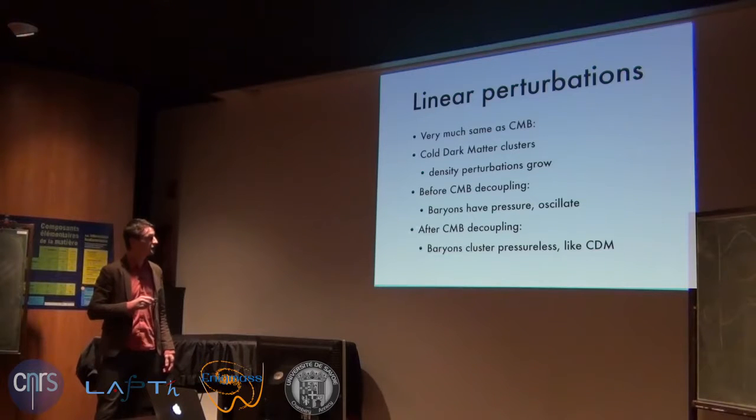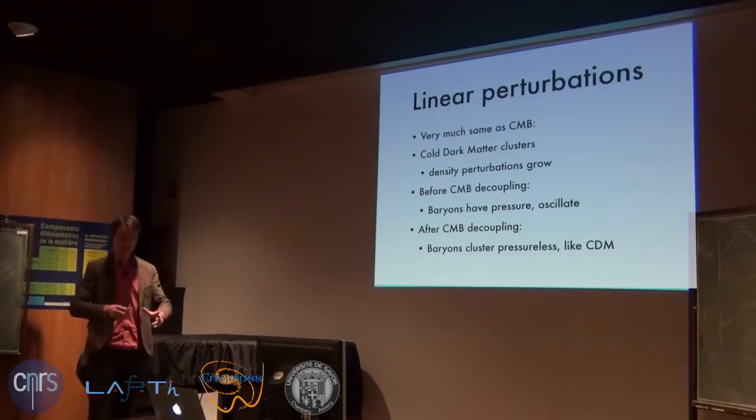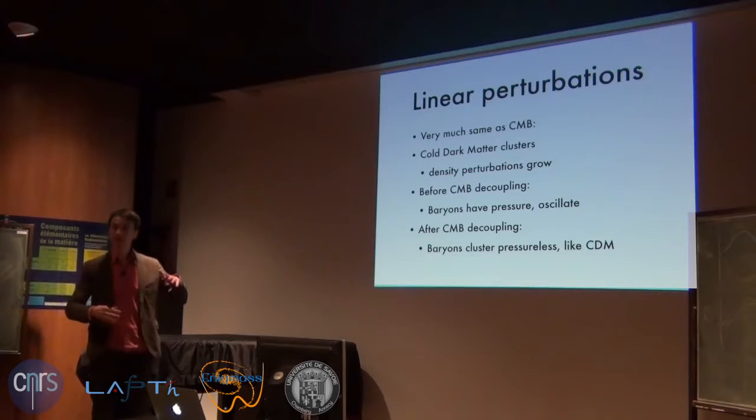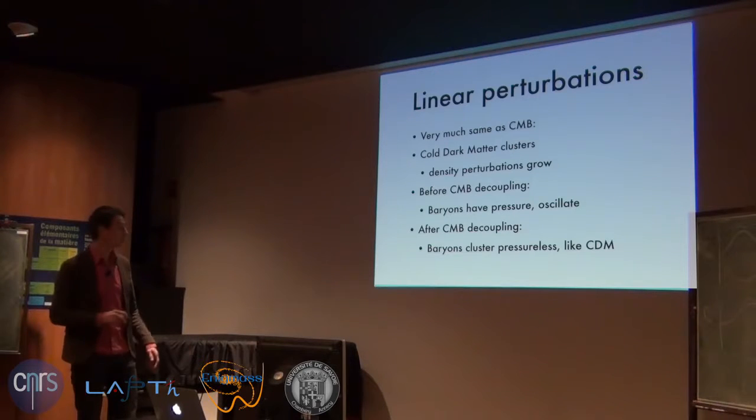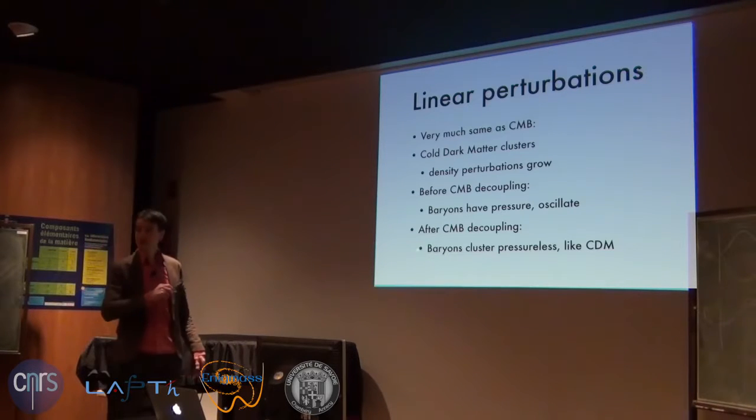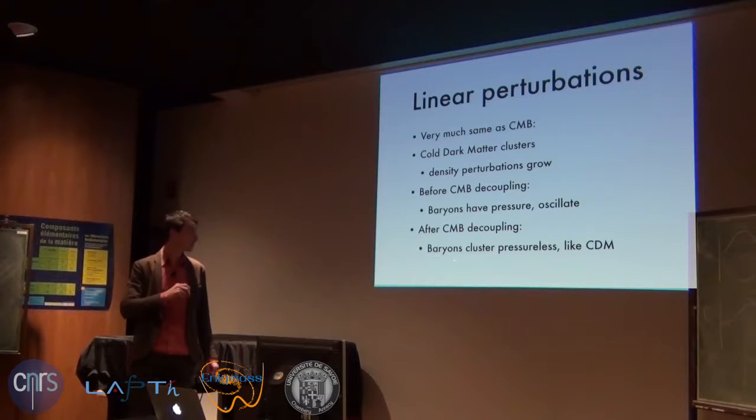As soon as the photons decouple, when the baryon-photon plasma cools down because of the expansion of the universe and goes below a temperature at which photons and baryons are no longer coupled, there are no more photons to put pressure in the baryon-photon plasma, so the baryons have no more pressure.